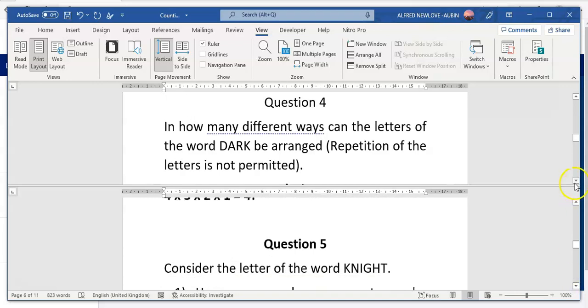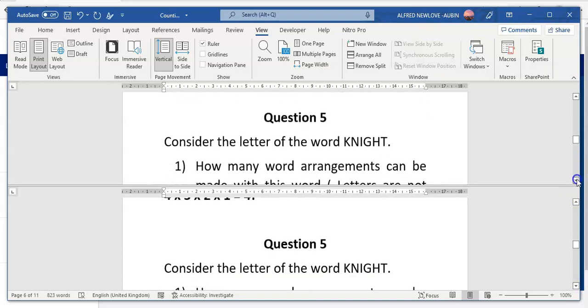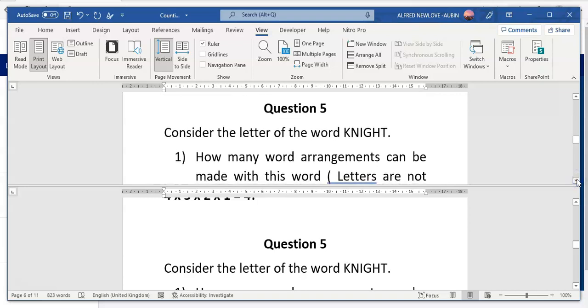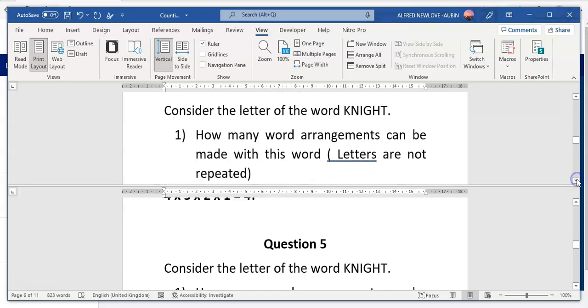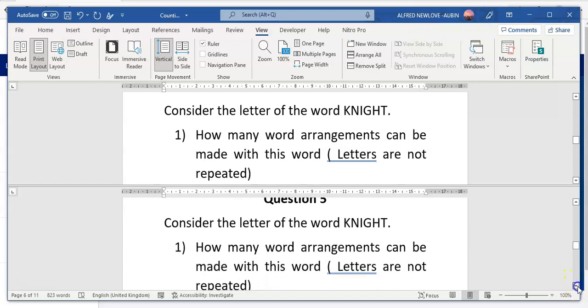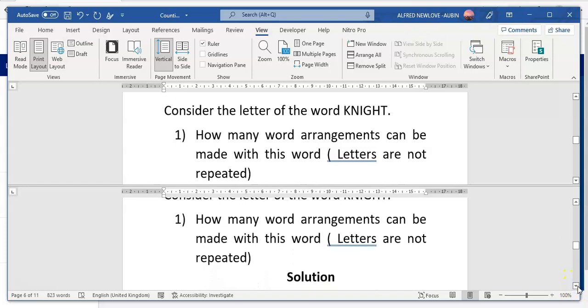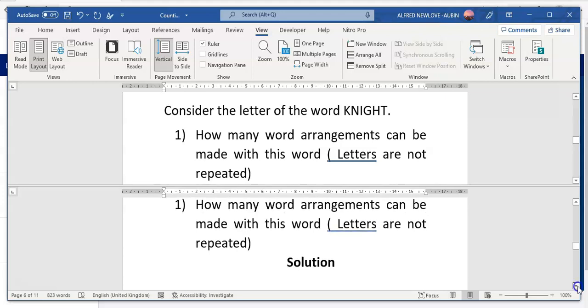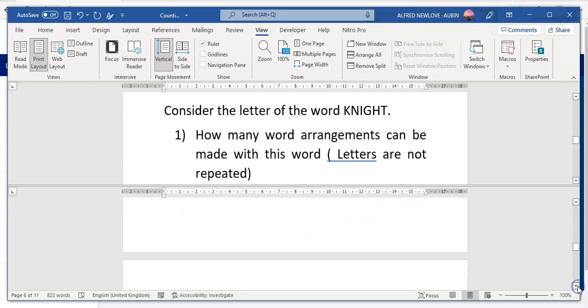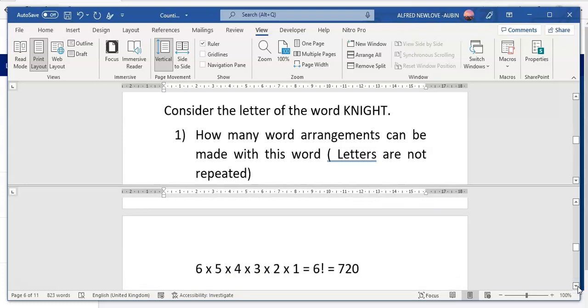Then let's look at this one. Night. Consider the letter word night. How many word arrangements can be made with this letter? Letters are not repeated. It means if you use it in the first space, you can't use it in the second space. You can't repeat it.